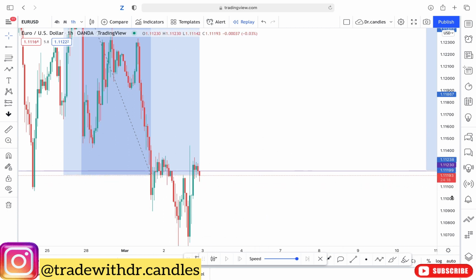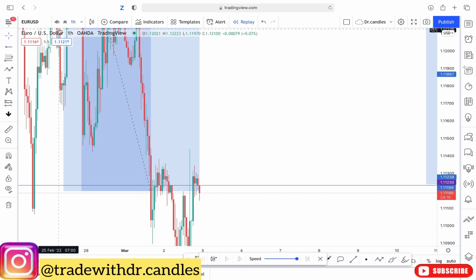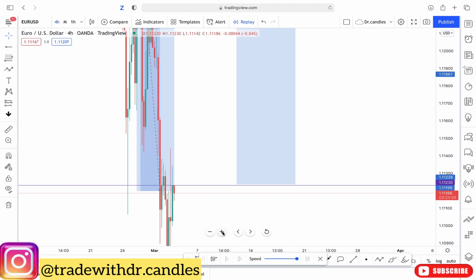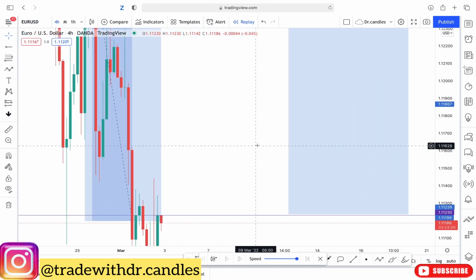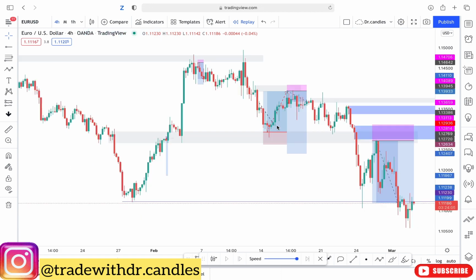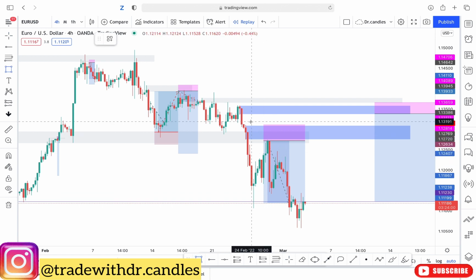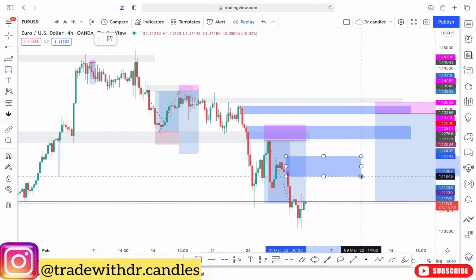So if you still want to join this trade, you can still go on to the H4. So you see, when I go on to the H4, there is a zone here. There's a powerful demand zone I can draw on the H4 time frame.